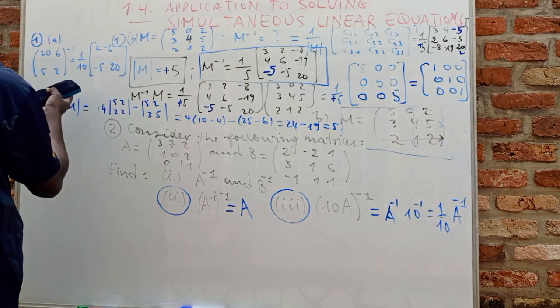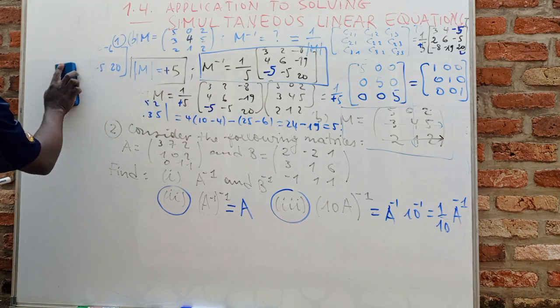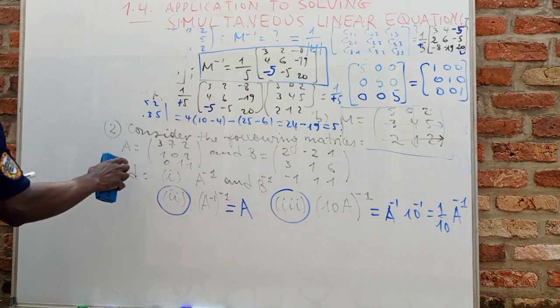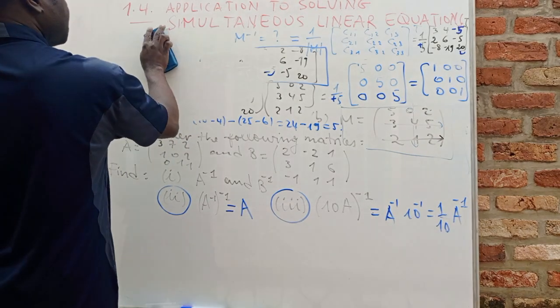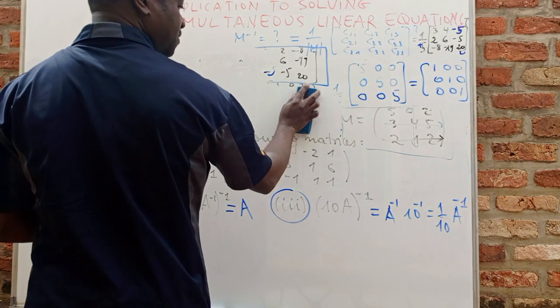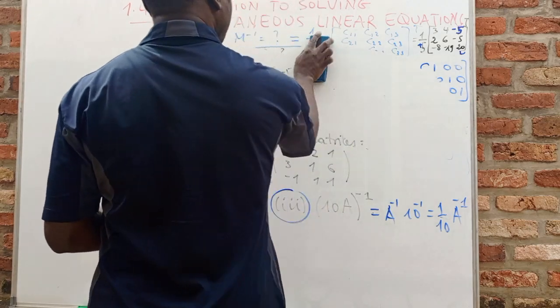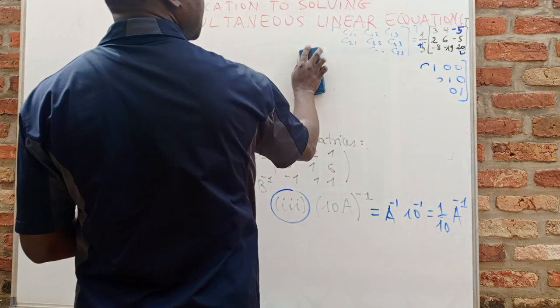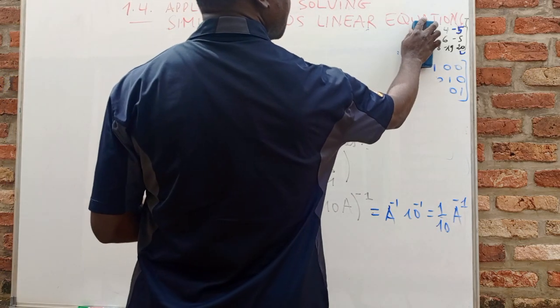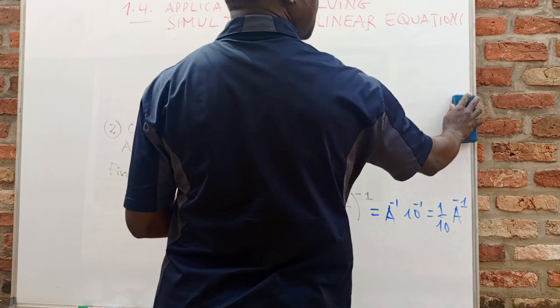So now let us move to our next point. The next point is to find the inverse of A here, and after that we are going to move to the inverse of B. Okay, so this is great. So far, so good.